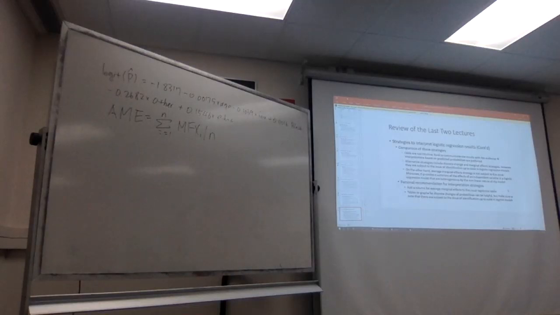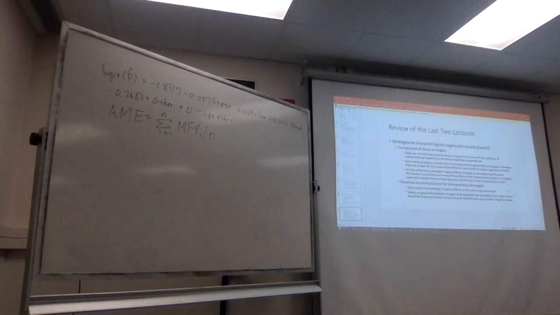By averaging them out, you have a single number summary for the effect of a variable. Does that make sense? So it has a lot of advantages.